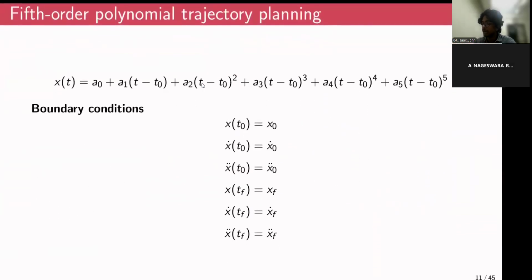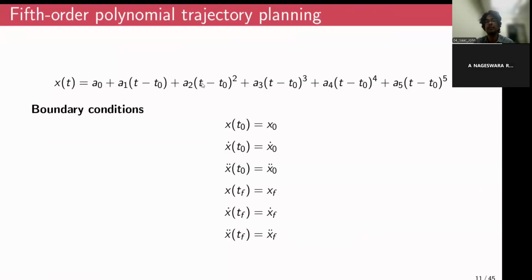In a similar manner to what we did with the third order polynomial, we can also solve for these six coefficients using six boundary conditions. The first three are the position, velocity, and acceleration boundary conditions at time t equal to t0. And these are the final boundary conditions for position, velocity, and acceleration at time t equal to tf.